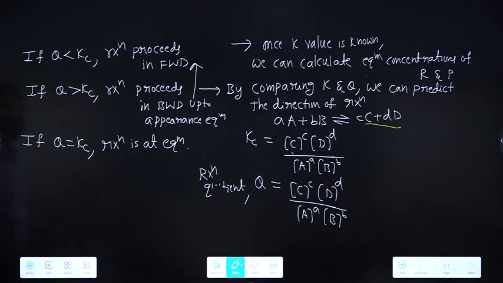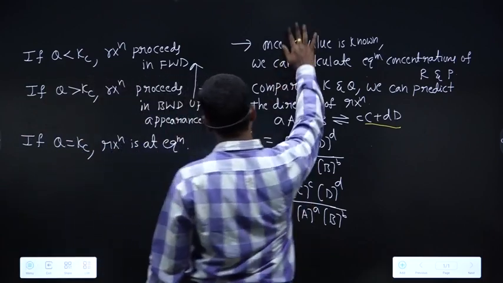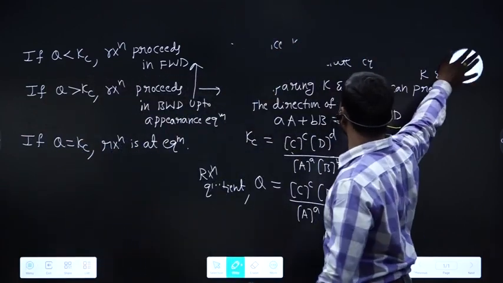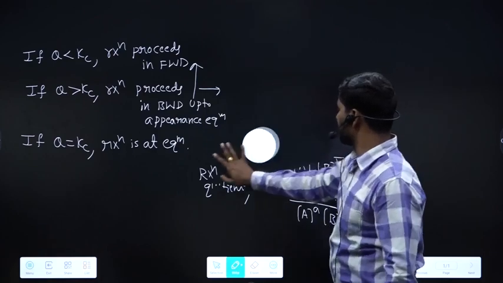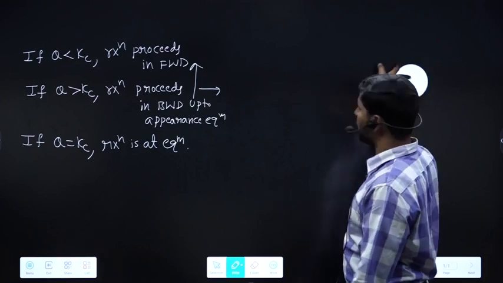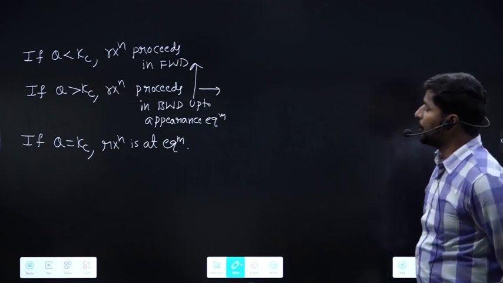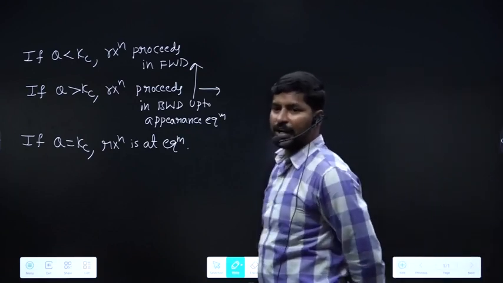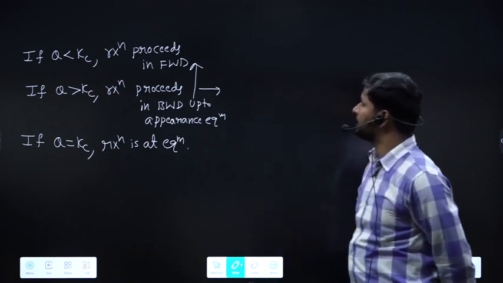So by comparing Q and Kc, we can predict the direction of the reaction, whether it proceeds in the forward direction, backward direction, or is at equilibrium. Such information we can get. Both equations are the same, the only difference is Q means at any stage, K means only at equilibrium.